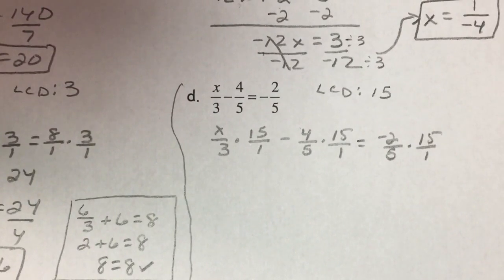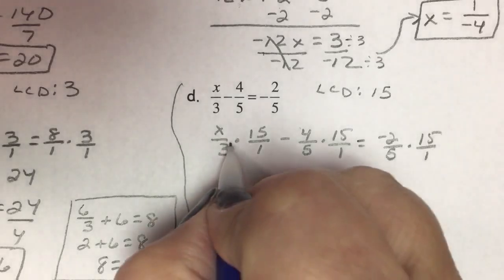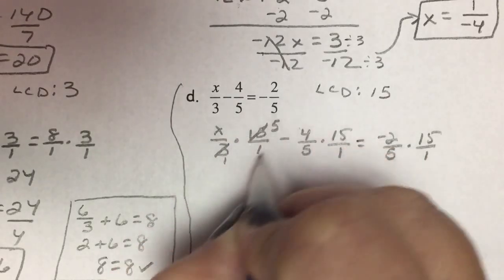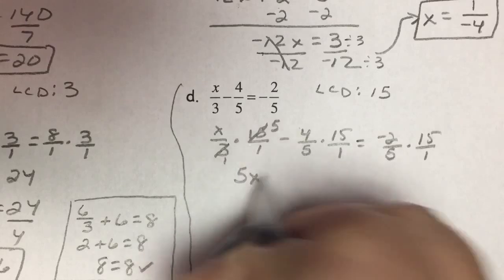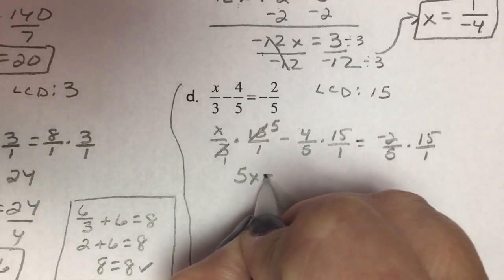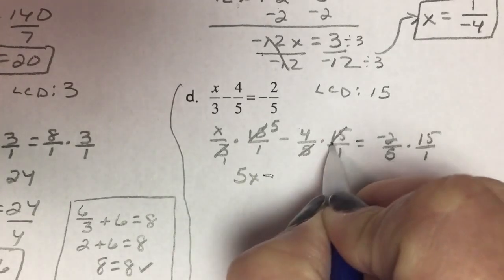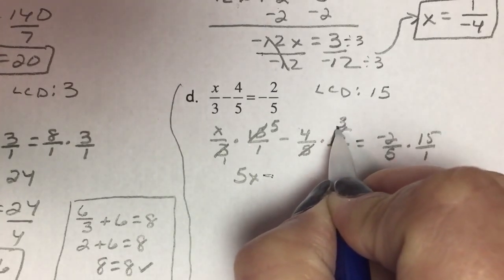If I do my multiplication, my 3 here will cancel into my 15 5 times. So you can see that term is now a 5x minus, this 5 will cancel into the 15 3 times.